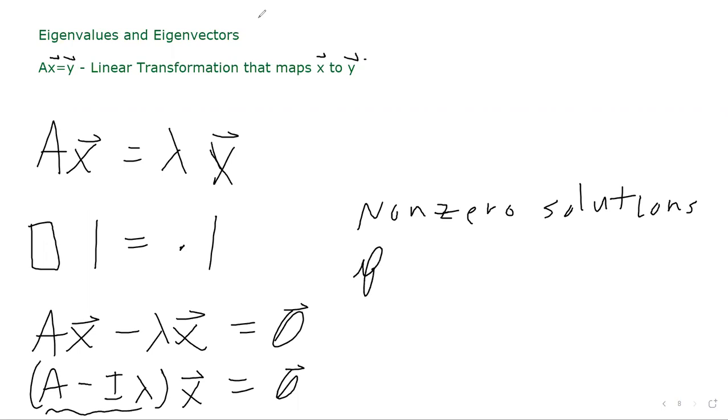if and only if, iff, the determinant of this A minus Iλ equals 0.